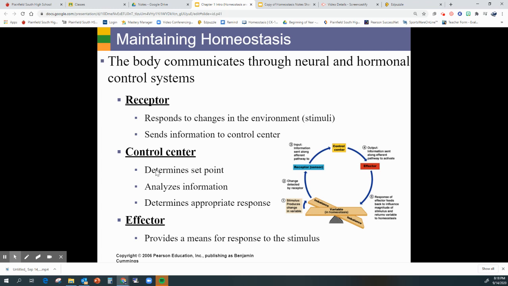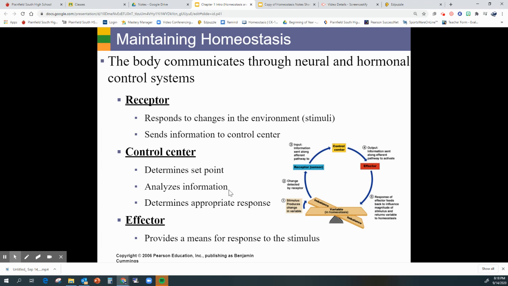The control center then is the portion of the system that determines those set points. All right. If it's body temperature, it's 98.6 degrees. If it's blood pressure, it's 110/80. If it's blood sugar, it should be around 100. So all those things are held by the control center.